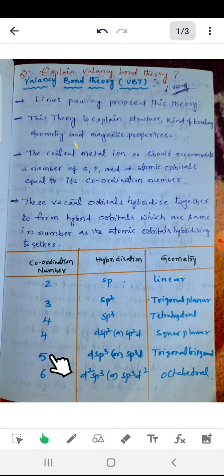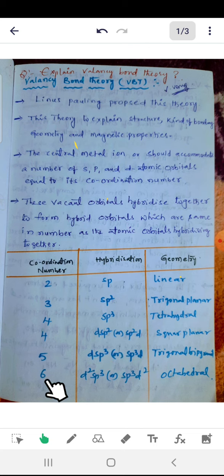For coordination number 5, there is dsp3 hybridization based on a strong field ligand, and sp3d for a weak field ligand. Here inner orbitals are used, and here outer orbitals. So based on the nature of the ligand, we can easily determine which hybridization occurs. These hybridizations happen for coordination number 5, giving a trigonal bipyramidal shape.